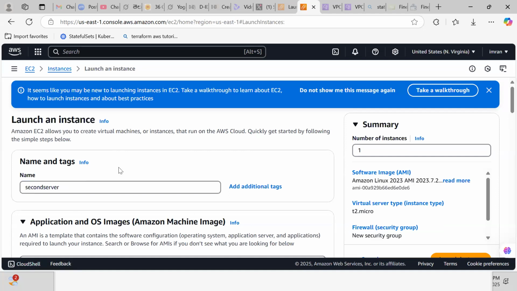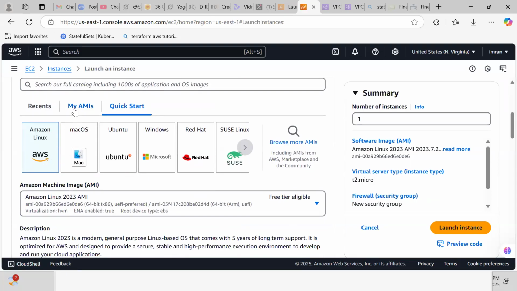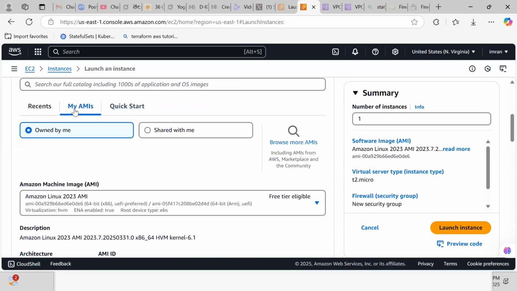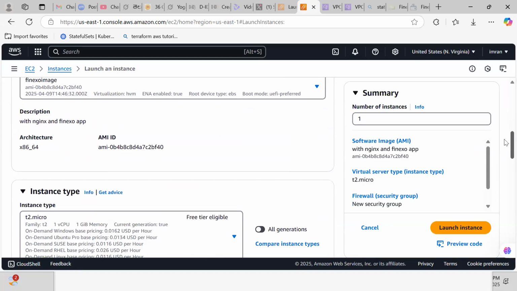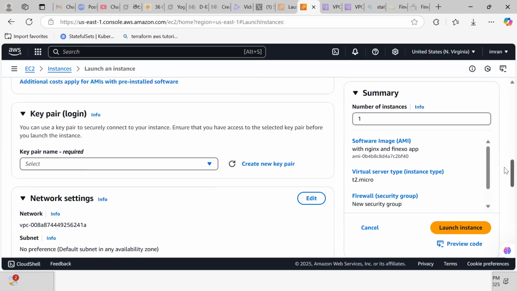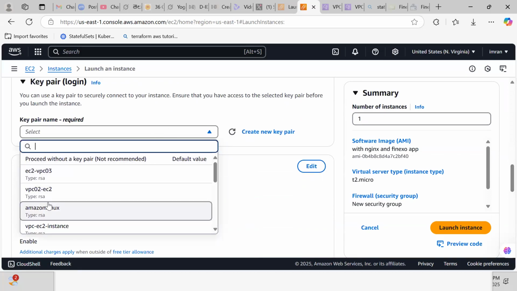The second server. I'm using our existing AMI, the Pinexo image. The T2 micro. I can use the same key pair.